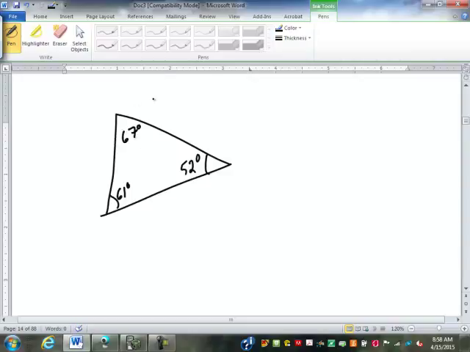Those angles must add up to 180 degrees. Every triangle, the angles will add up to 180 degrees. You can see 180 is kind of an important number to us in geometry. It's a straight line, it's any pair of angles that add up to a straight line, but it's also a triangle.